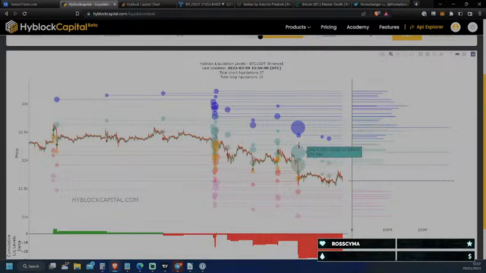There is obviously a lot of liquidity to the upside, and we also still have a little bit down here that could still be taken out, at 21,447. So we could go for a final dip down in this area here, and then go on the expansion afterwards.